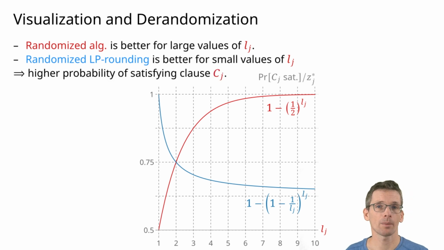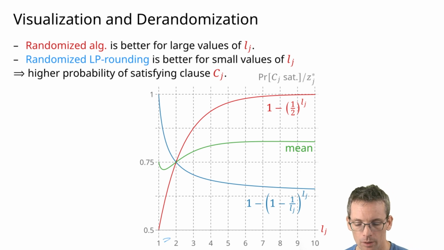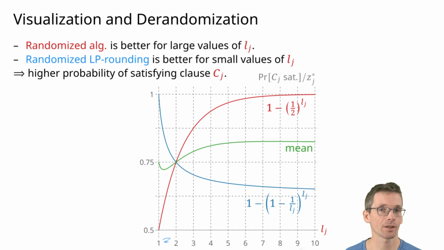So the algorithm takes the better of the two. In the analysis, we used the combination of the two algorithms and therefore got here in this picture as the probability the mean of those two probabilities. And this mean looks like this green curve. And what you see is that, between 1 and 0, this is below 0.75, but we're only interested in integer values, so we don't care.